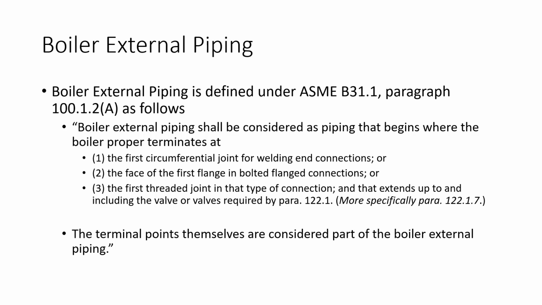If you recall, under an earlier slide, we pointed out that one of the exclusions for B31.3, as stated under paragraph 300.1.3, was boiler external piping. Boiler external piping is defined under ASME B31.1, paragraph 100.1.2, subparagraph A, as follows.